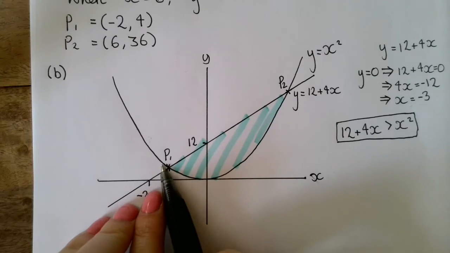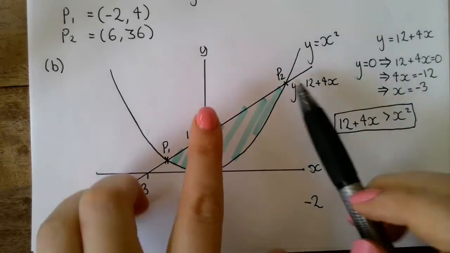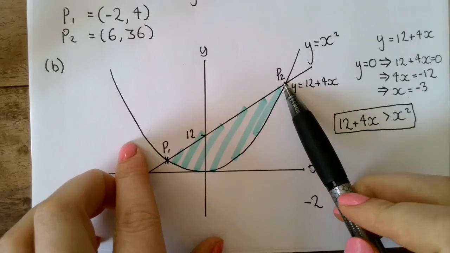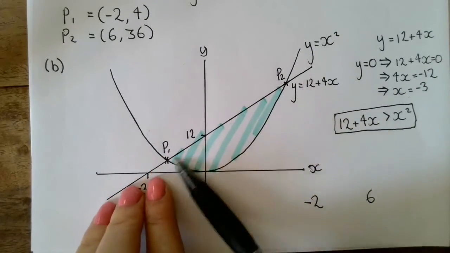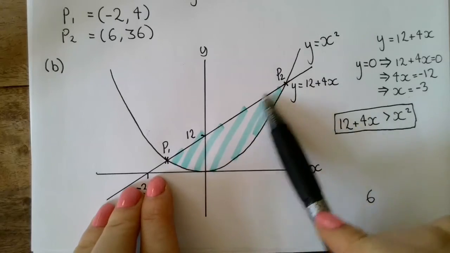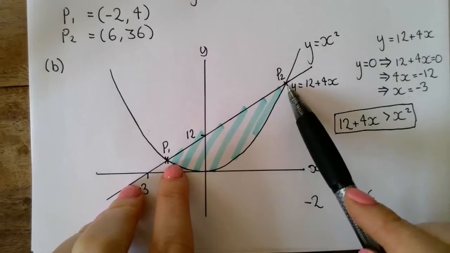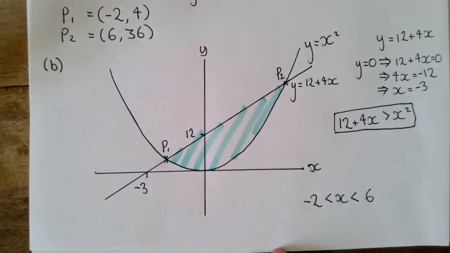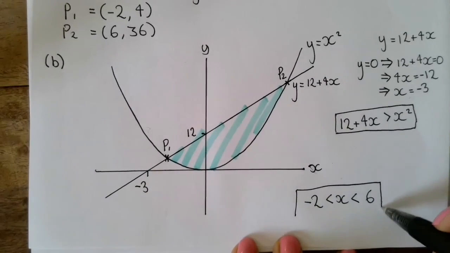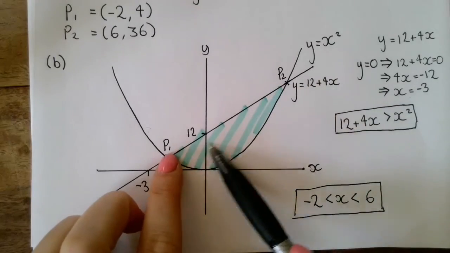So our x value here at P1, that was -2. And our x value here at P2, that was 6. So at the point where 12 plus 4x is greater than x squared, that is when x values are between those 2 points. So our answer would look like that. We've got -2 is less than x, which is less than 6.